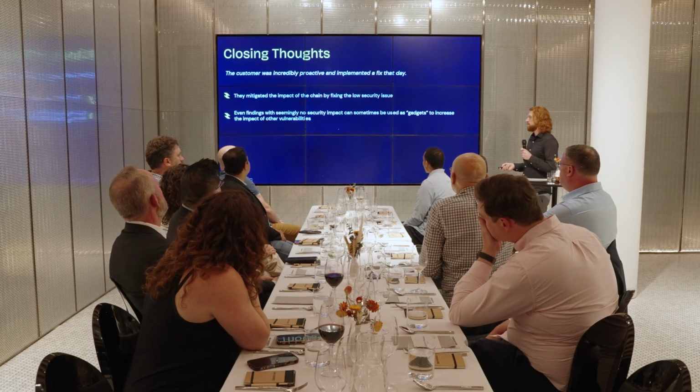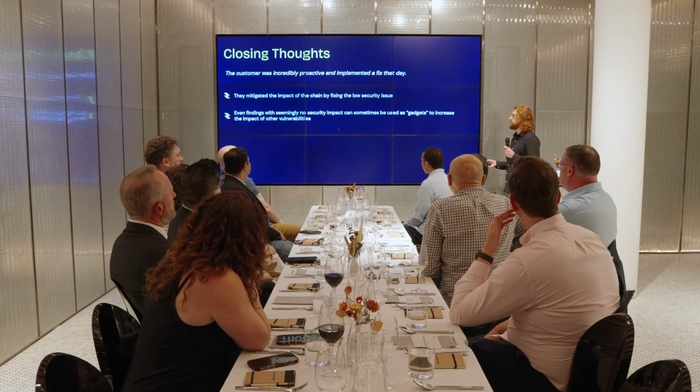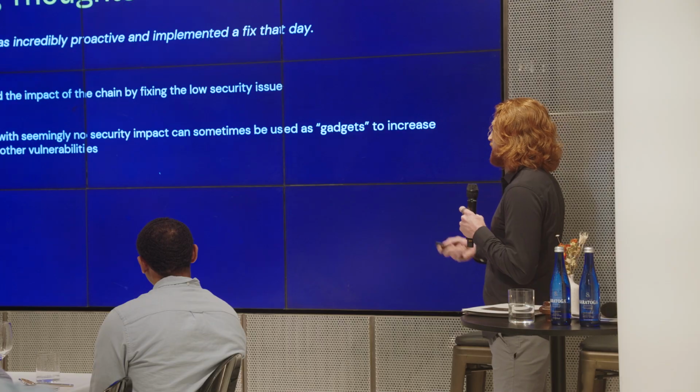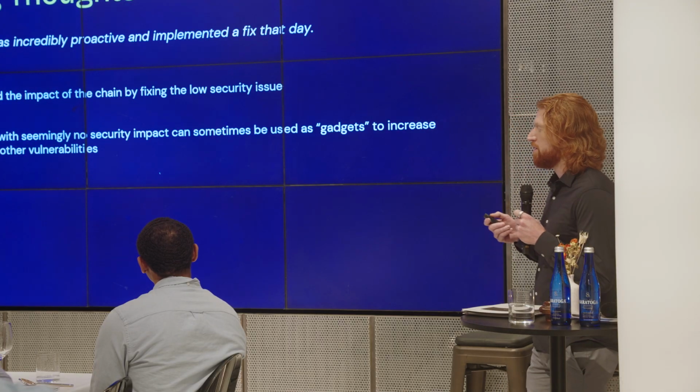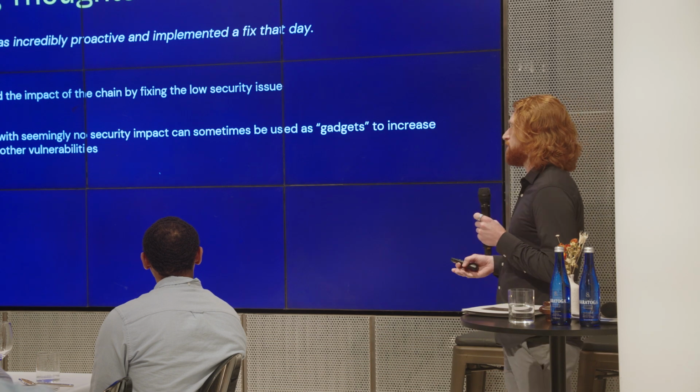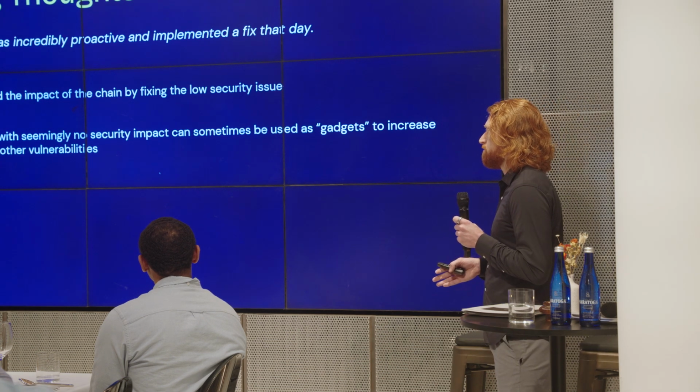I think this is a really good example of how findings with seemingly no security impact can be used as gadgets or can be used to dramatically increase the impact of other vulnerabilities, even if the vulnerabilities seem to be pretty unrelated.